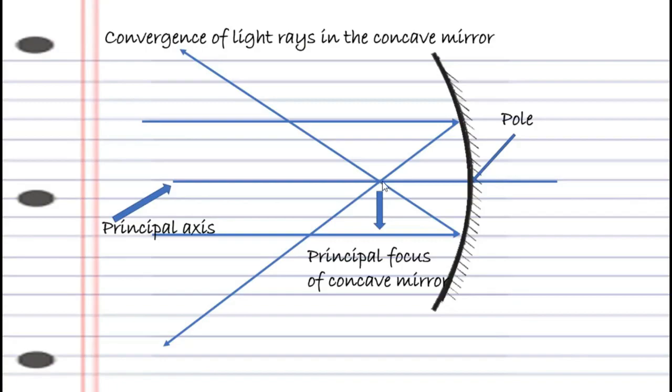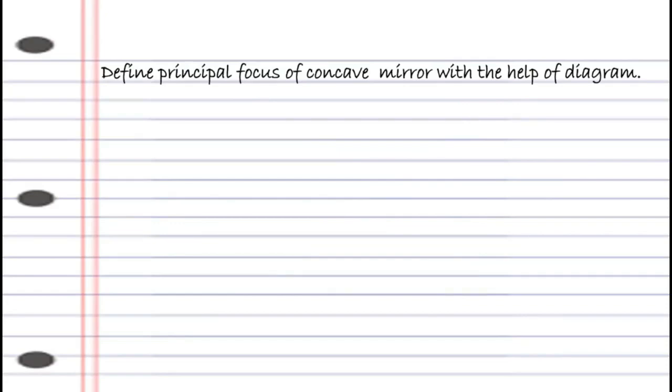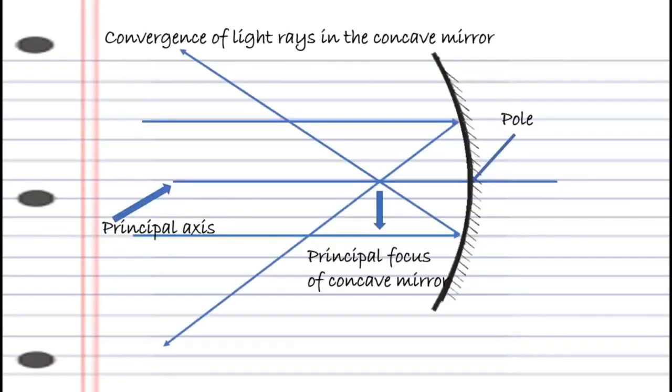I hope you have understood. So if you can draw this much, this is the diagram for convergence of light rays in the concave mirror. Suppose a question is define principal focus. What you have seen in the previous slide is a principal focus.